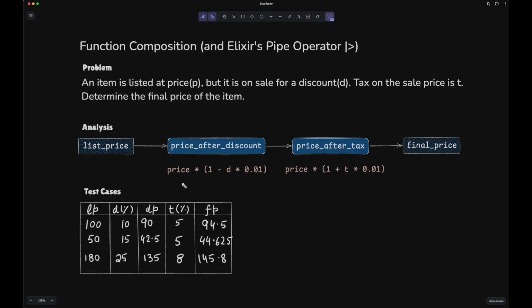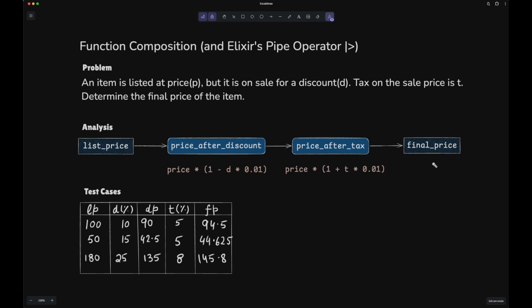From these pieces of information, I would encourage you to pause the video, design the following two functions, price after discount and price after tax. Use the following test cases to test your function implementations. And then we can come back and see what my implementations are.